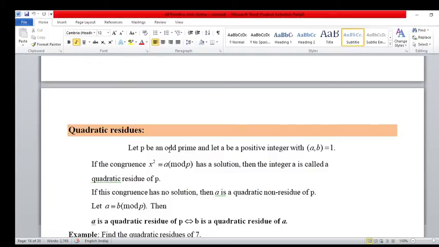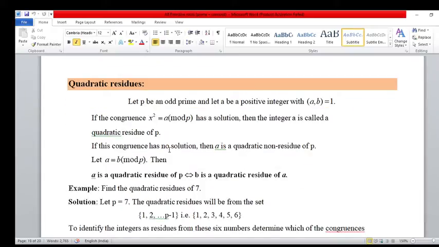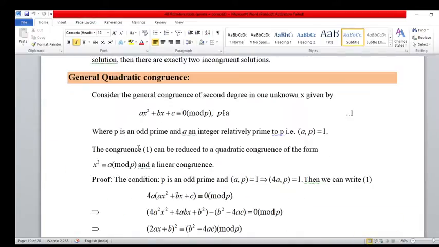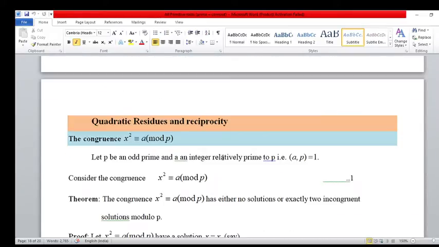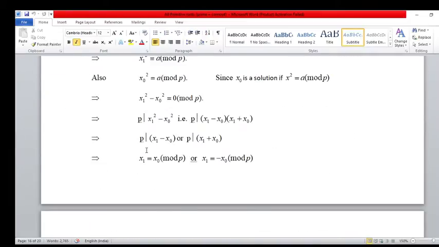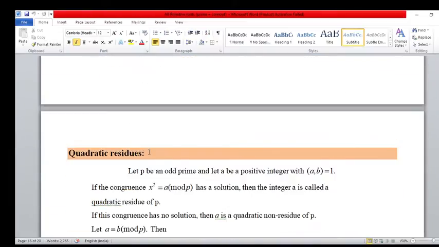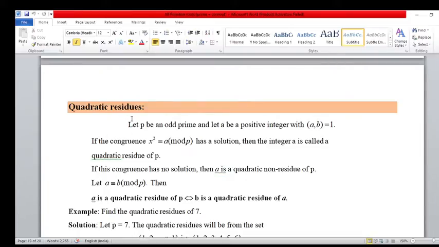Welcome to my class, and the topic of this class is quadratic residues. We have already seen the definition of quadratic congruence and quadratic residue.